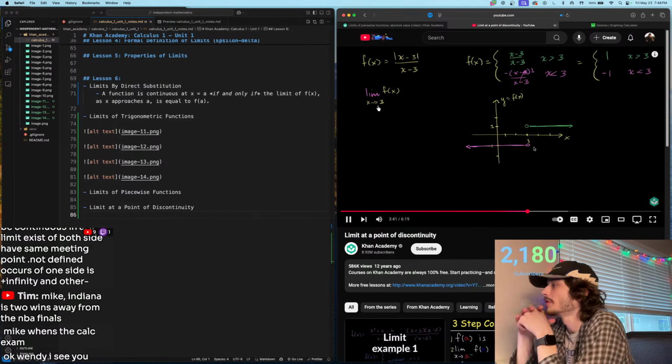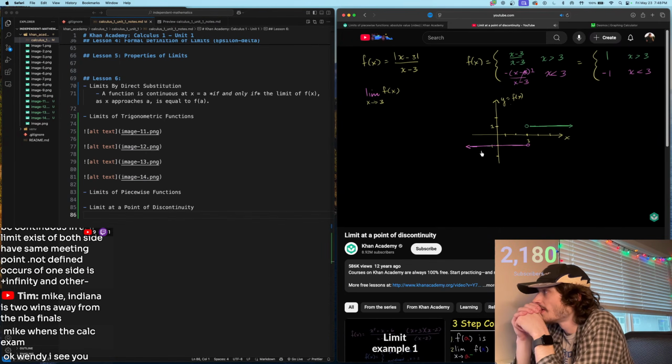Well, let's think about the limit as x approaches 3 from the negative direction, from values less than 3. The limit of f of x as x approaches 3 from the negative direction. The negative as a superscript right after 3 says we're approaching from the left.